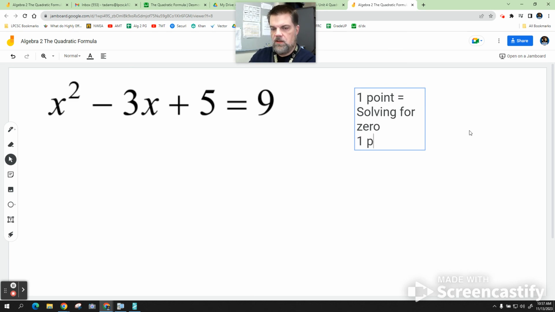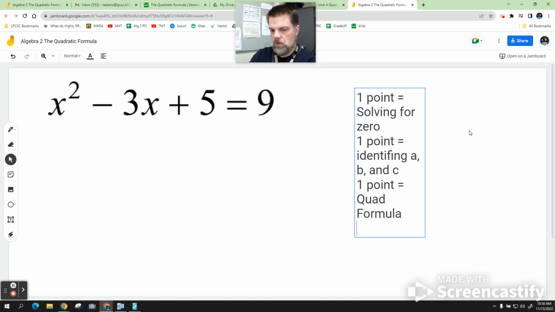I'll expand this in a second. 1 point for identifying A, B, and C. 1 point for the quadratic formula. 1 point for solving.